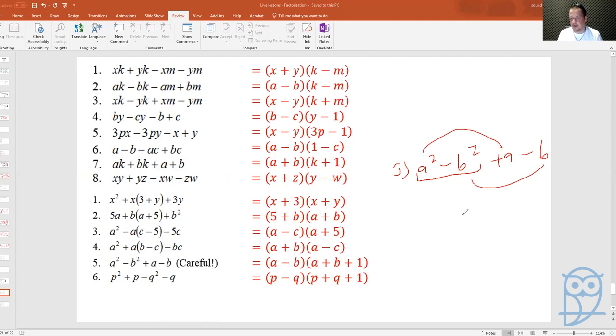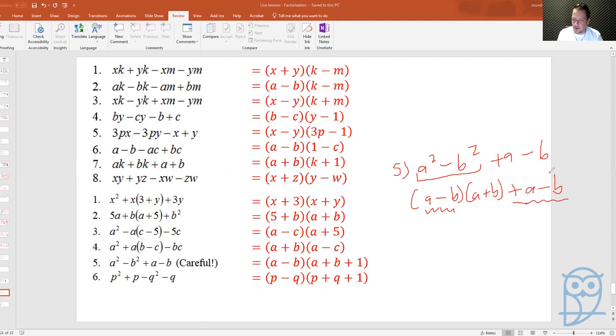Take out a b, I get b minus 1. I've got no common brackets, which does not help me. But if I take the difference of two squares and factorize it, I see that I've got an a minus b and an a minus b. So I can therefore take out this a minus b.